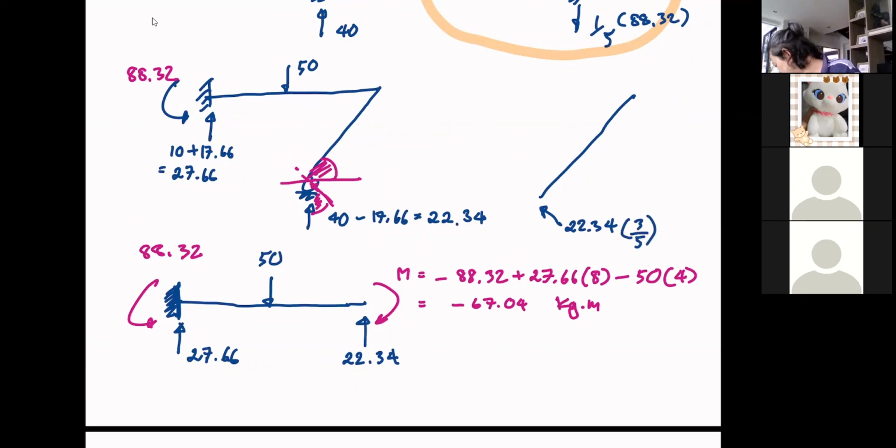And this is equal to 13.4. Then this moment is, of course, multiplied by 5. You got 67.04. So the shear force and bending moment diagram should be a piece of cake now.